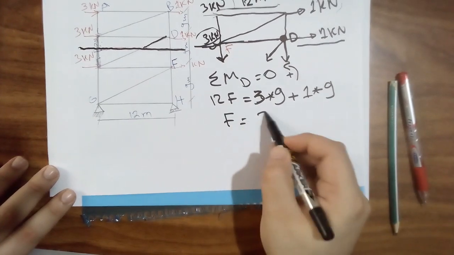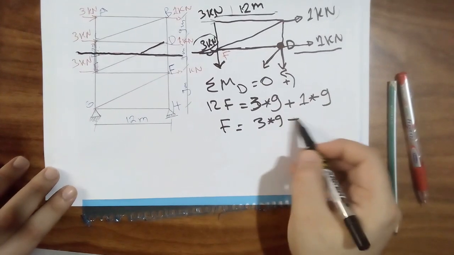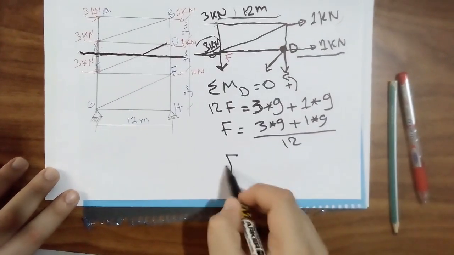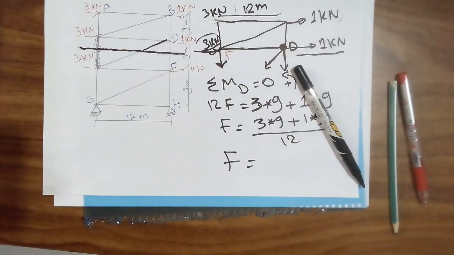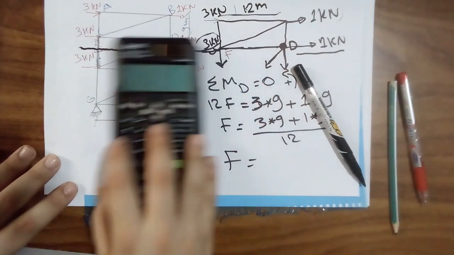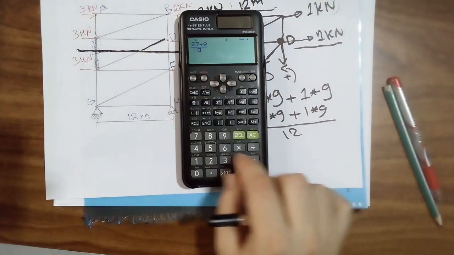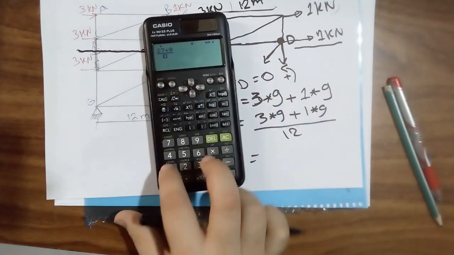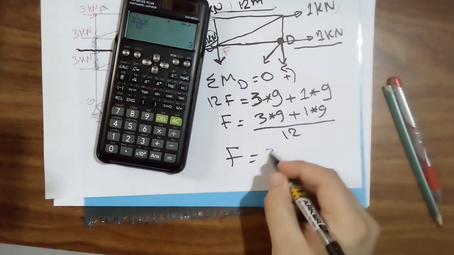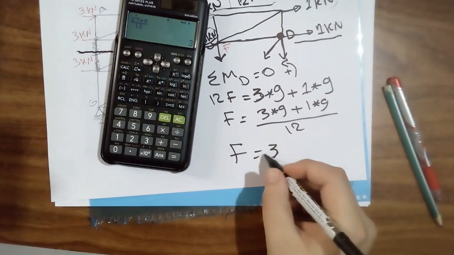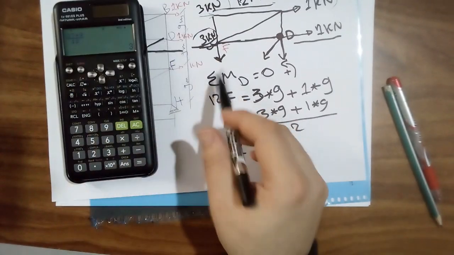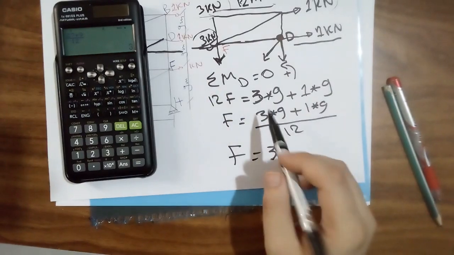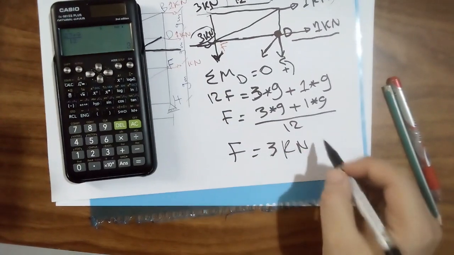So F equals (3 times 9 plus 1 times 9) divided by 12, so 27 plus 9, divided by 12, equals 3. And it is positive, which means the assumed direction is right. So it is 3 kilonewton tension.